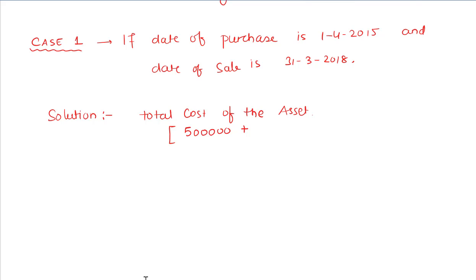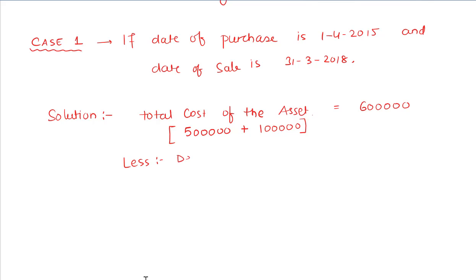It is a second hand machine that we have purchased for 5 lakh, and we have incurred 1 lakh rupee on the repairs. So 5 lakh plus 1 lakh equals 6 lakh. So total cost of the asset is 6 lakh.